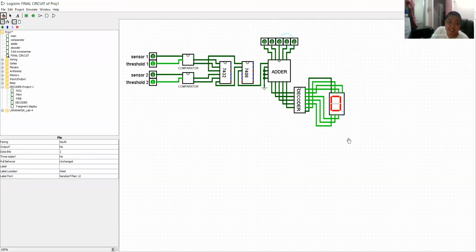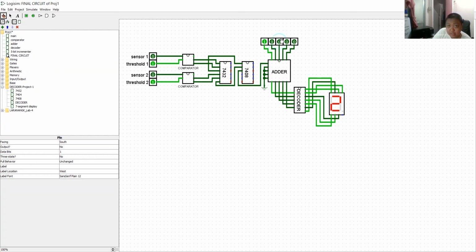So let us test our circuit. So if threshold is greater than the sensor, so 0 to 10 is 0, and 11 to 15 is 1, and 16 is 2, up to 20.